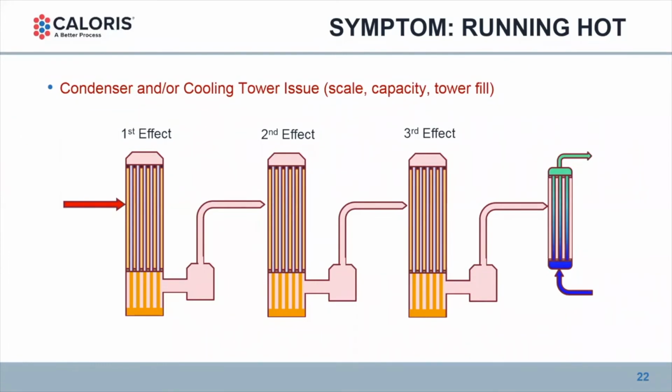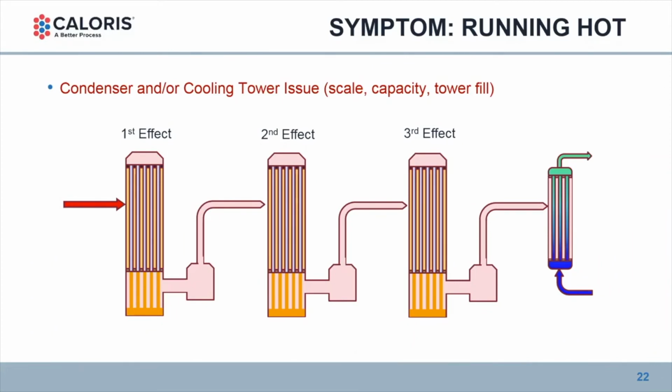It can also be the cooling tower, and that's always something to check: what is the heat rejection performance of your cooling water? What is the temperature delta T you're seeing? Are the inlet and outlet temperatures changing from what they were?